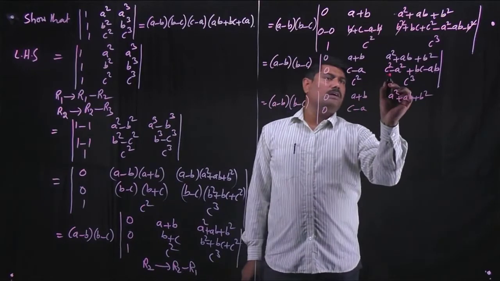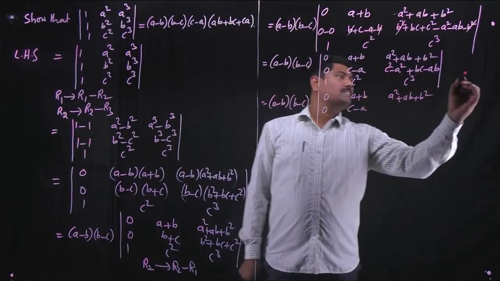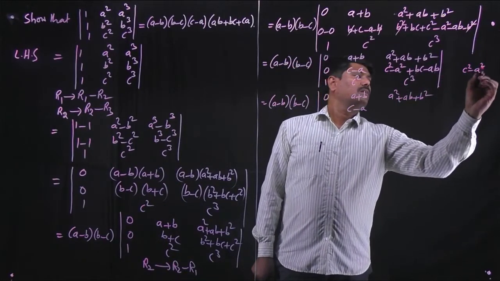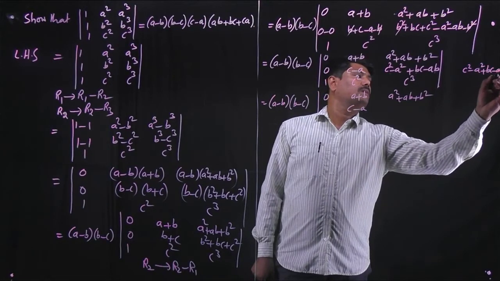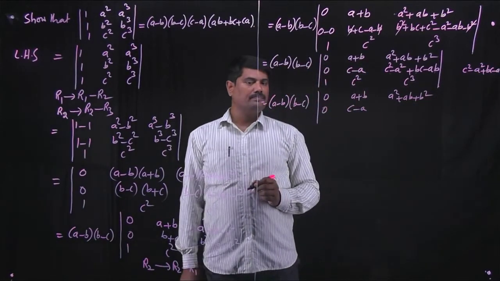Here, observe, I am writing one step directly: C square minus A square plus BC minus AB. Actually, this is the value there.